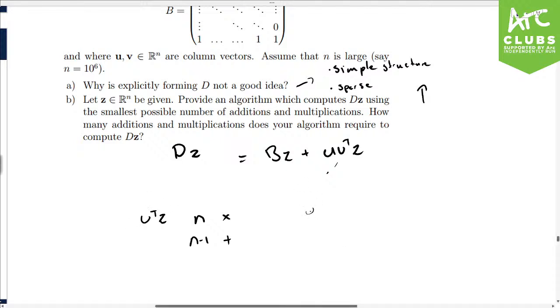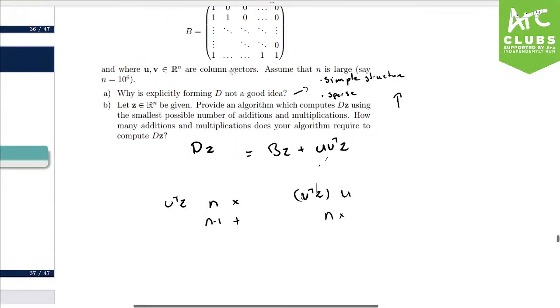So if we want to compute V transpose z times U, then that's also n multiplications, just multiplying that to every element of U. So for U V transpose z, we have 2n multiplications and n minus 1 additions.